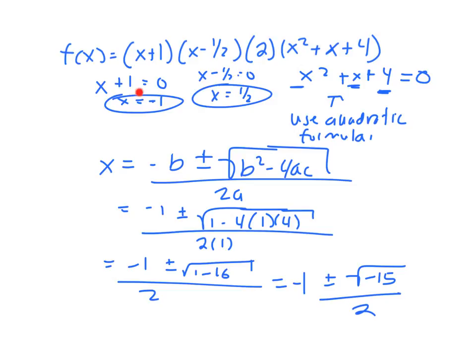So there's no real solution to this quadratic. These are the only real zeros of f of x. So your only two zeros are x equals -1 and x equals 1/2.